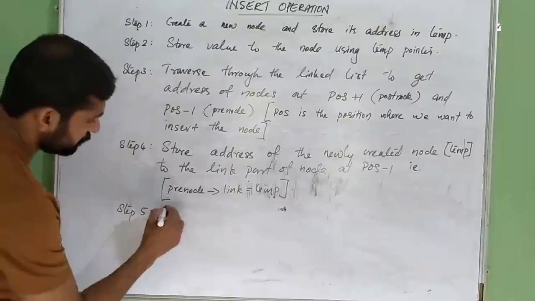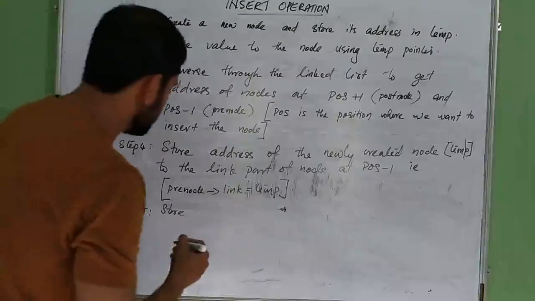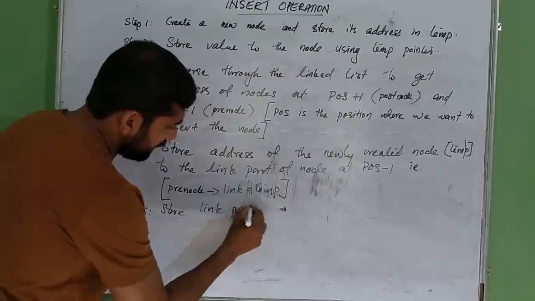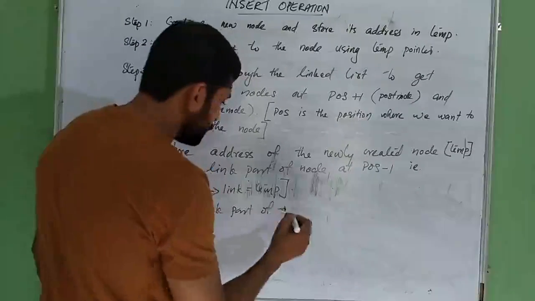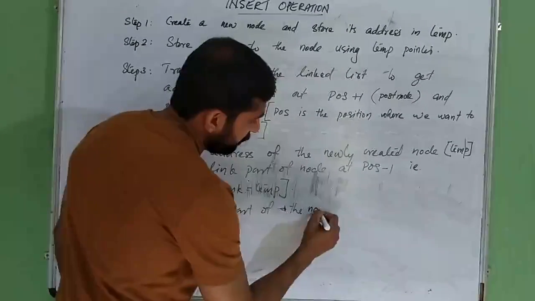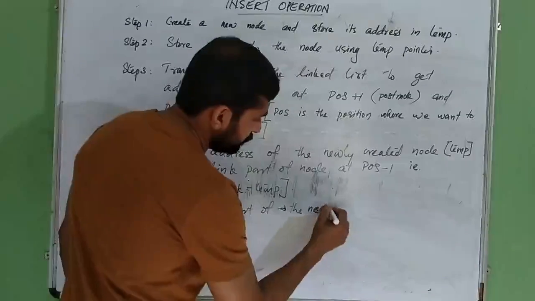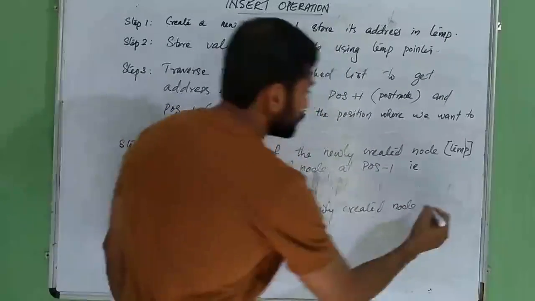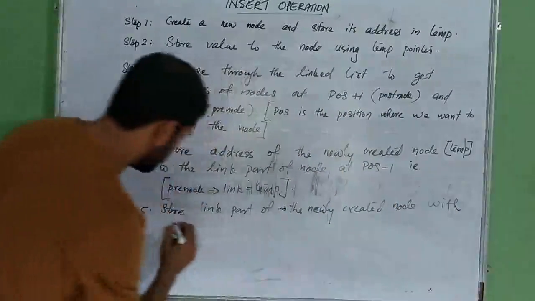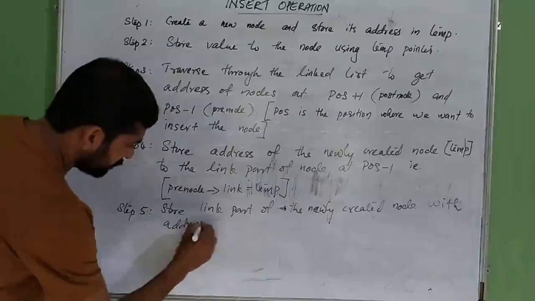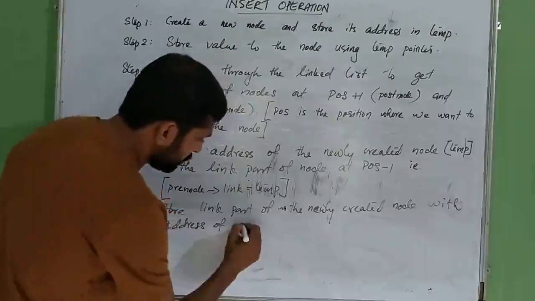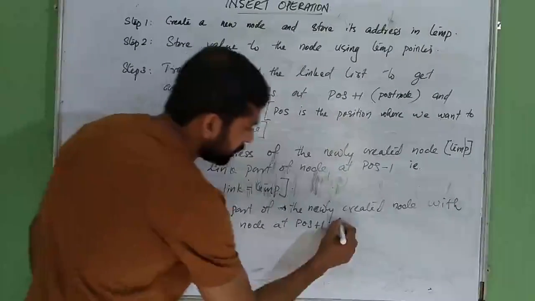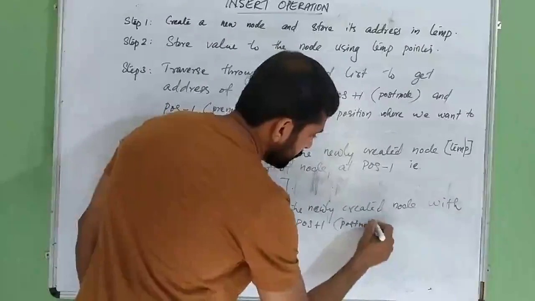step 5, store link part of the newly created node with address of node at POS plus 1, that is post node.